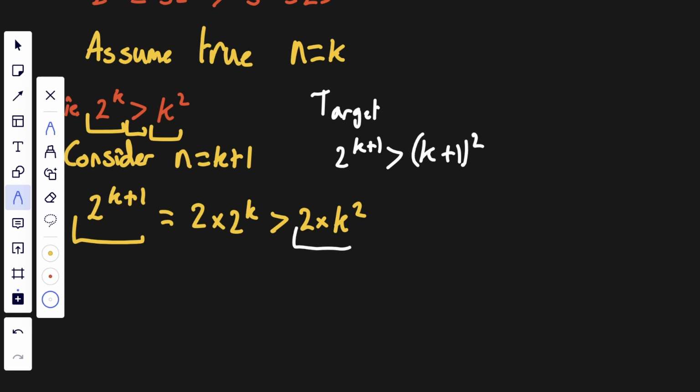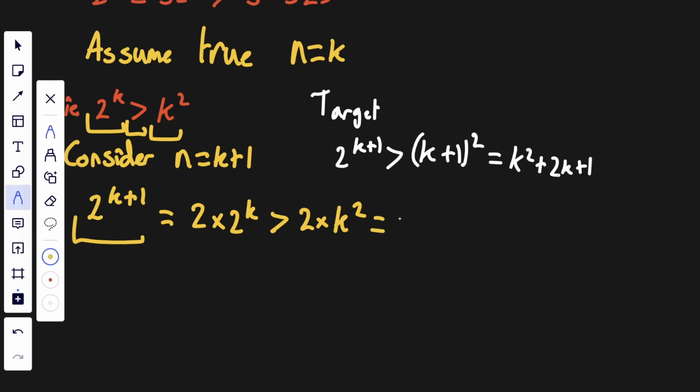Okay, well I've got 2k squared. So I want to somehow find a new inequality that I've got to prove. What I'm going to do is expand this, just so I have a bit more information to be able to compare with this. So this is the same as k squared plus 2k plus 1. If I want to make this similar to that, I'm going to split this up as k squared plus k squared. You see how by splitting them up, they've become more similar.